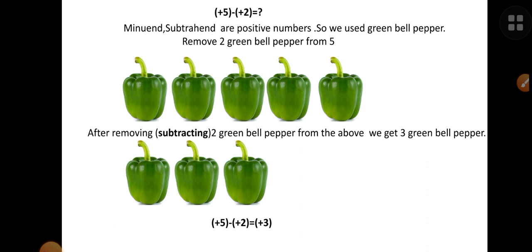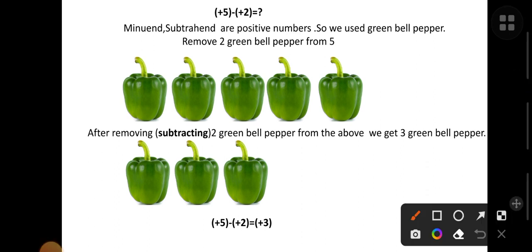So in this problem, +5 minus of +2, what will be the result using the concrete method? We have 5 green bell pepper.